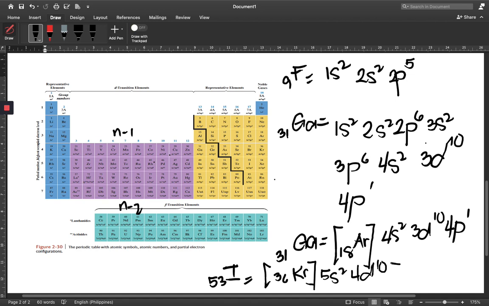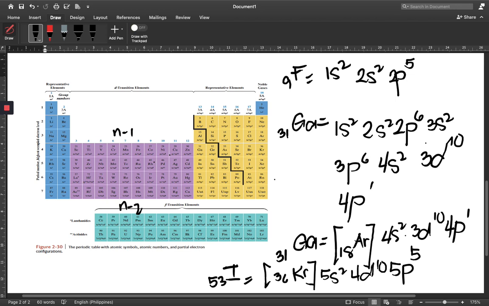Going back to 5p. Then what number of the cell? 1, 2, 3, 4, 5. 5p5. Alright? So 36 Kr, 5s2, 4d10, 5p5.